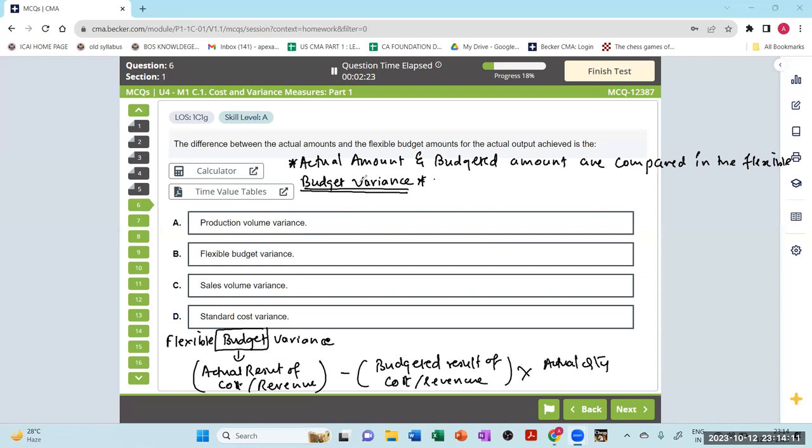Please understand. The difference between actual amounts and flexible budgeted amounts is always flexible budget variance.